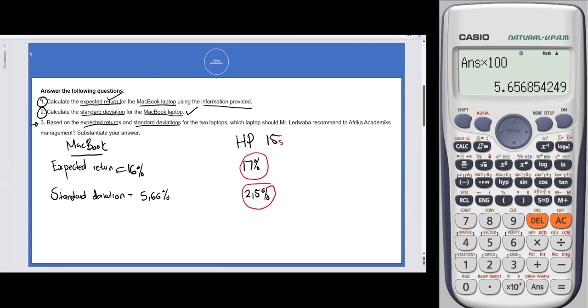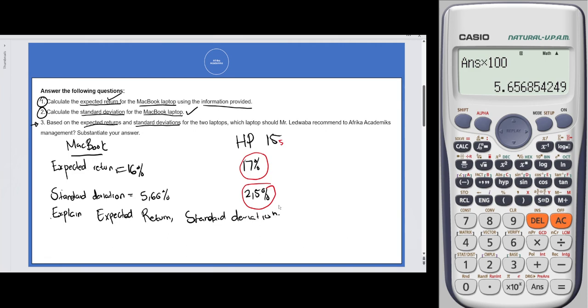So the way to go about answering these kinds of questions, first you have to explain expected return in your own words. And then you also explain standard deviation in your own words.